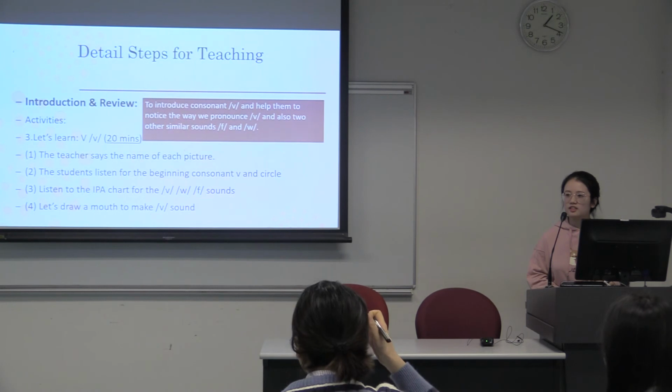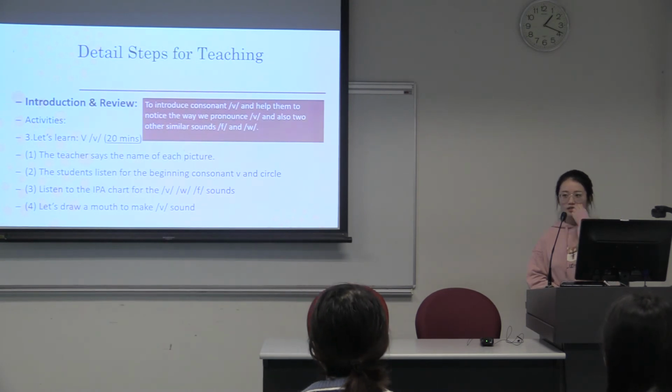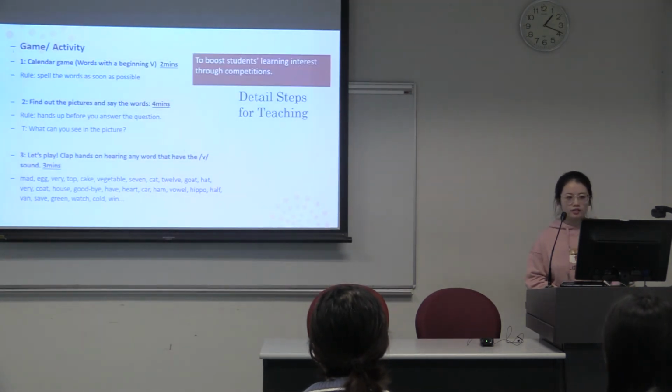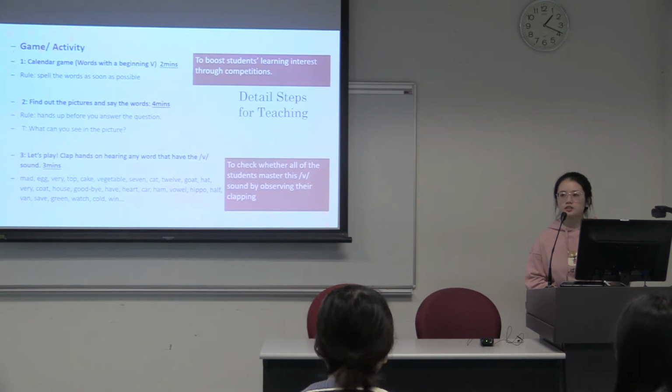And also, can you go to the next page? This is for the color gradient. Instead of using the individual sounds, I think it's better to use the vocabulary and underline the word.